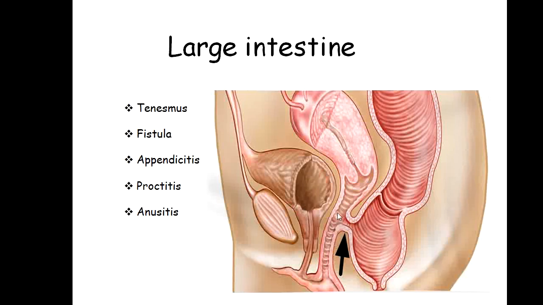This connection is not normal. Normally there is no connection between the rectal lining and the vaginal lining, but this may also take place due to some injury inside the rectum during a surgical procedure, and this injury may lead to fistula formation.